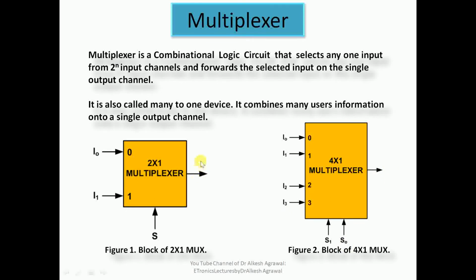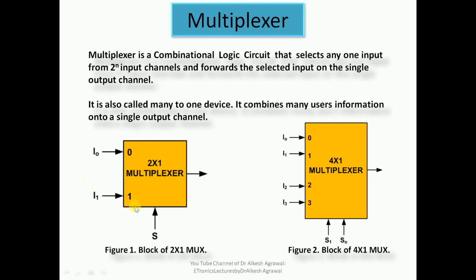How does this multiplexer function? It is a circuit that selects any one input from these many inputs and forwards the information coming on the input channel to the output channel.